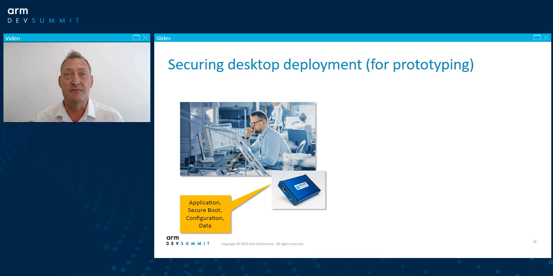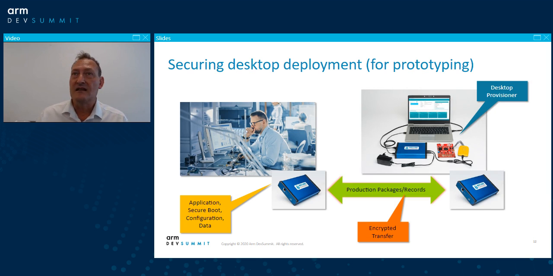So during the development process, we have the same deliverables essentially being produced, an end application, a secure boot manager, some configuration data, perhaps other data that's needed at runtime. And in this scenario, we can save all that information inside a hardware security module. Again, it doesn't need to be on the office network, so that it's protected from external access.